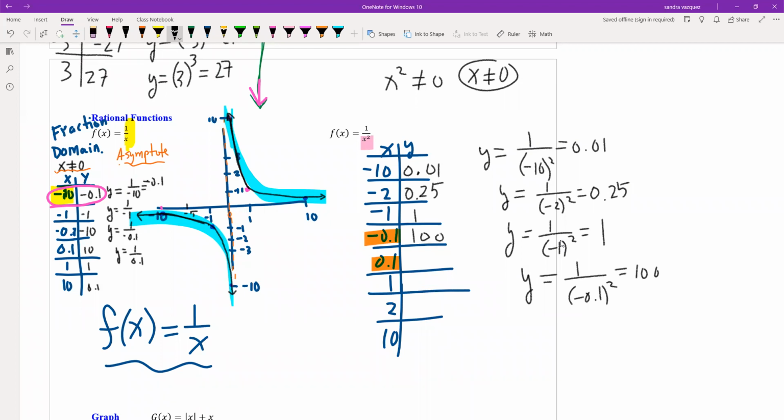Since I'm plugging in the same values, most likely they're going to repeat, but you can keep on doing this. 1 over 0.1 squared is going to be equal to positive 100. Plug in the 1 and you will get a 1, plug in the 2 and that will be 0.25, plug in the 10 and that will be 0.01.